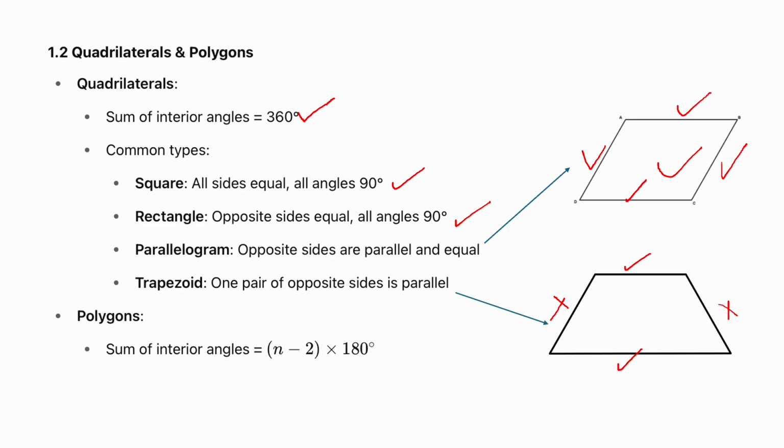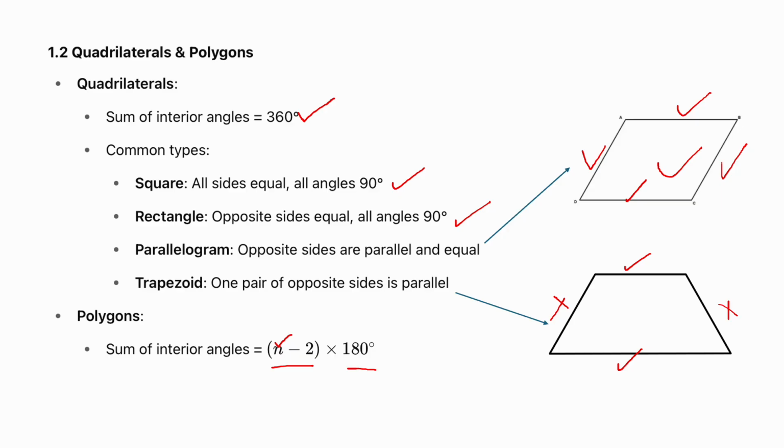If a shape has n sides, then the sum of its interior angles is given by the formula (n minus 2) multiplied by 180. So, polygons may have any number of sides, and if you have to find the sum of interior angles, you have to use this formula.